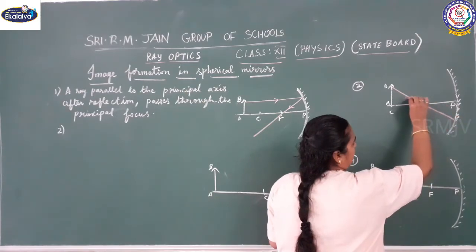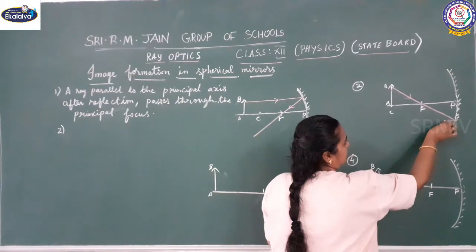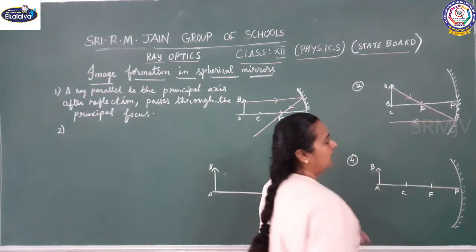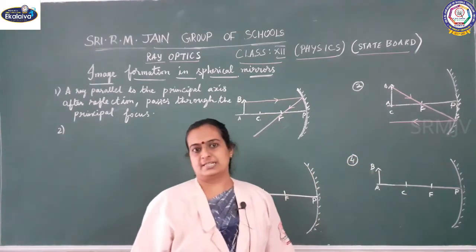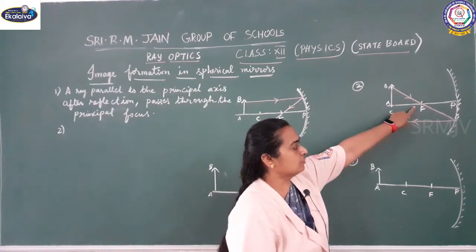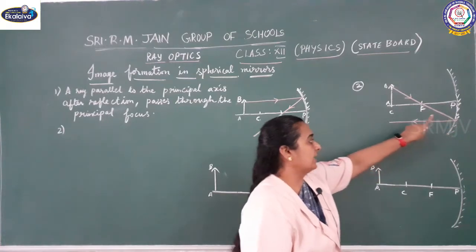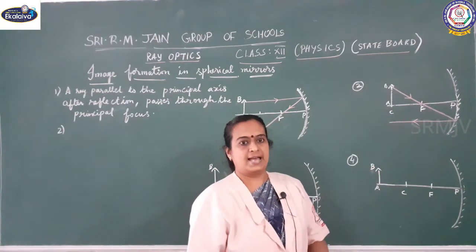It gets reflected, and emerges parallel to the principal axis. So this is the second rule that has to be followed. A ray which is passing through the principal focus, after reflection, emerges as parallel to the principal axis.